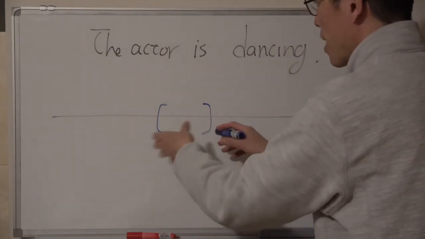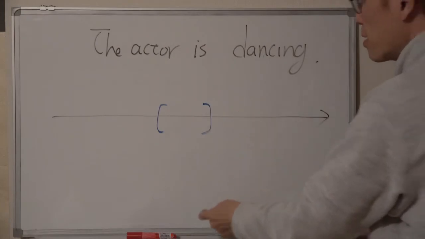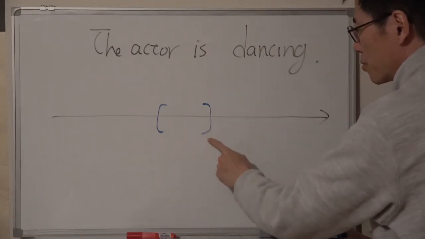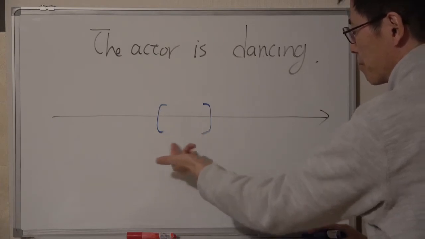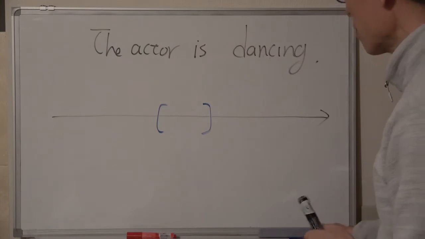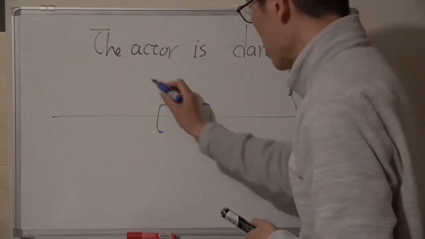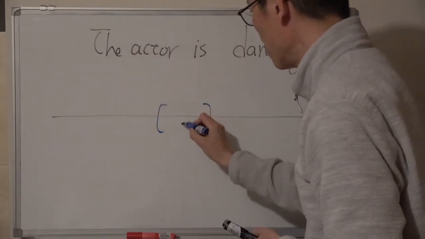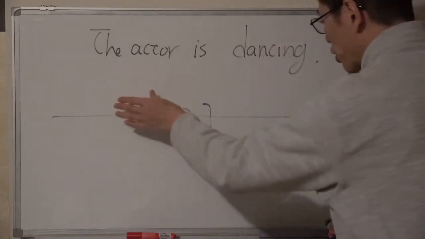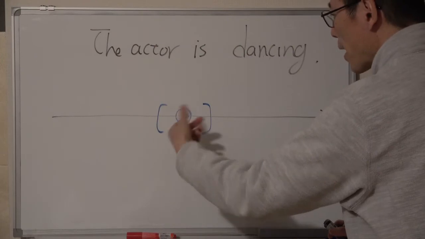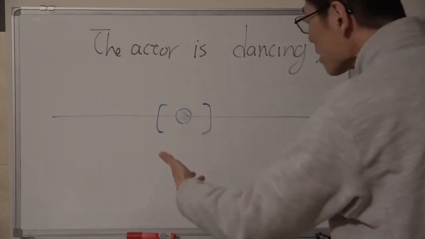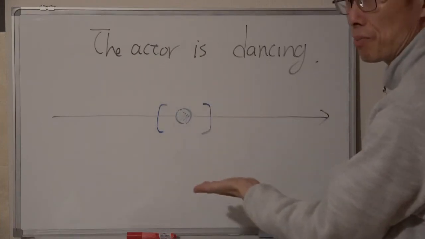And this symbolizes dancing. Dancing begins and the dancing ends. Beginning and end. So, let's put the actor in here. So the person, the actor, is inside the act of dancing. So basically this is what the sentence means.